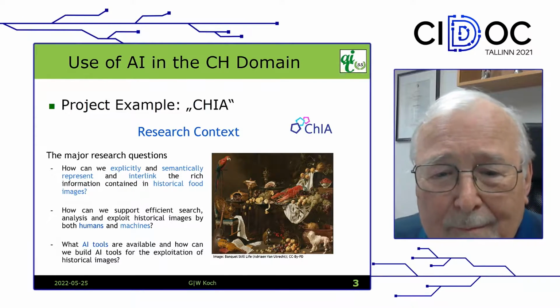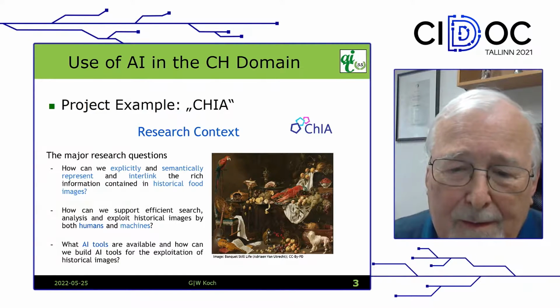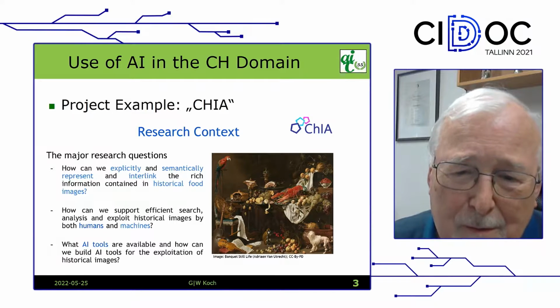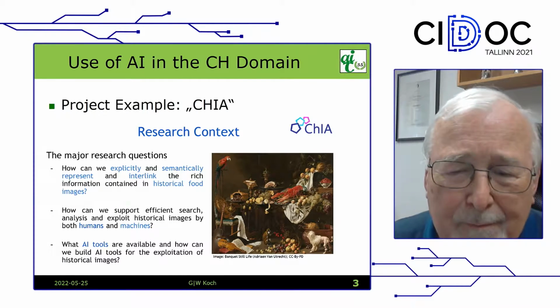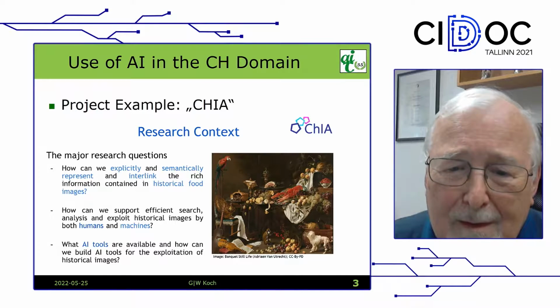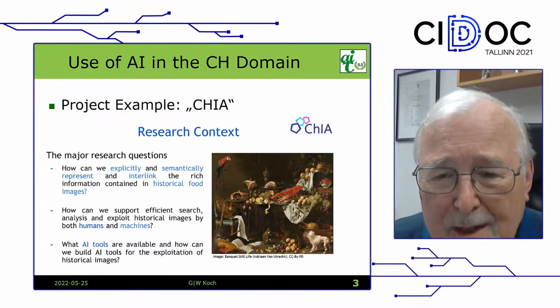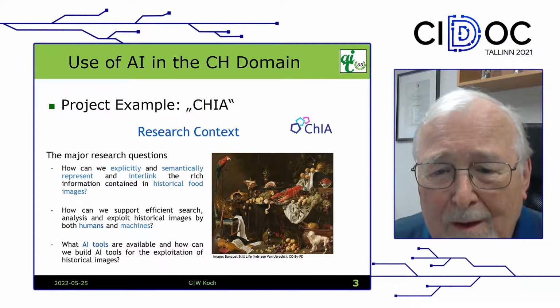As one example of how we can use artificial intelligence in the cultural heritage domain, I'm referring to a project which was finished, I think, last year. The topic was analyzing images, and we used a sub-collection of Europeana.